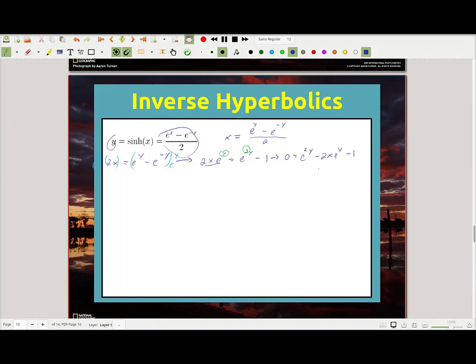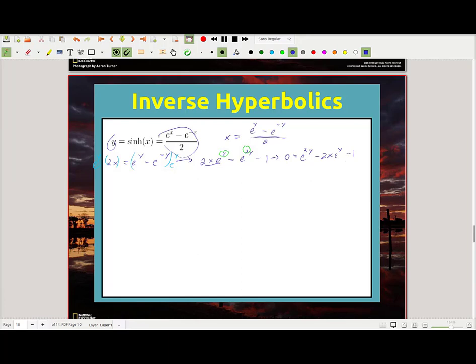If this is a quadratic equation, I could use the quadratic formula here, and then I'd be solving for e to the y. But I think instead, what's that other process? Complete the square here.